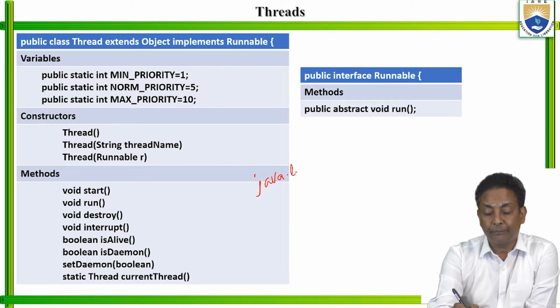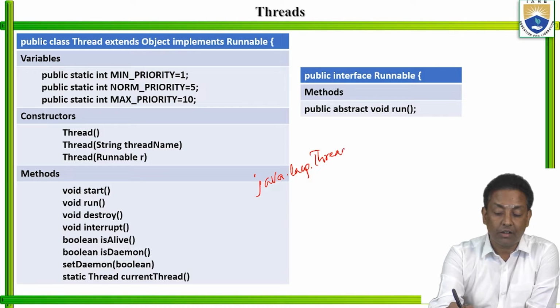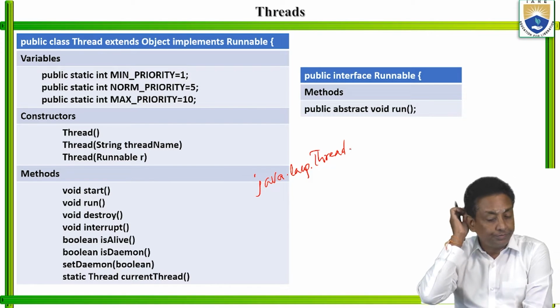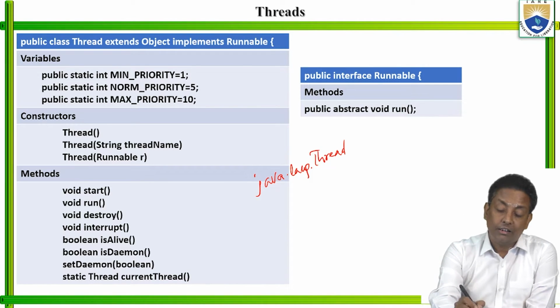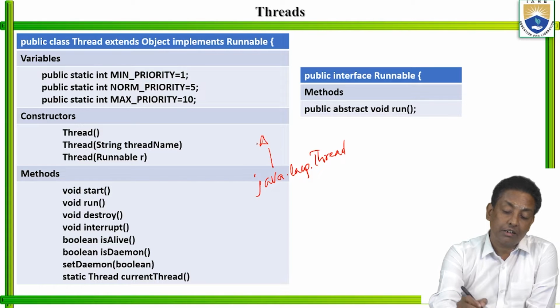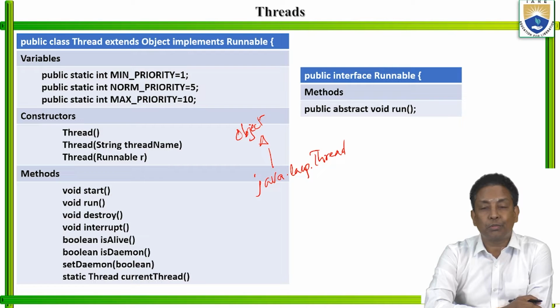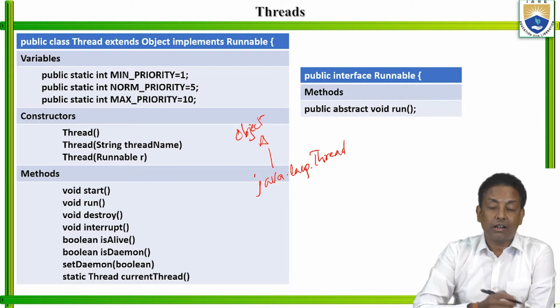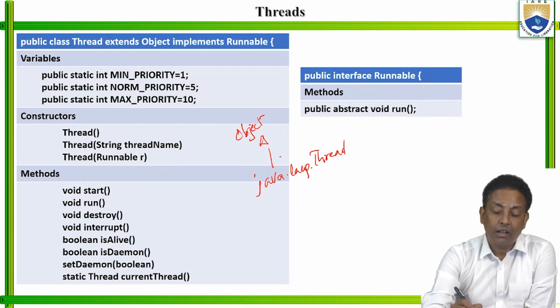Point number 1. Thread class exists in java.lang package. That we already know. This class extends from java.lang.Object, the supermost class to all the Java classes in Java API.